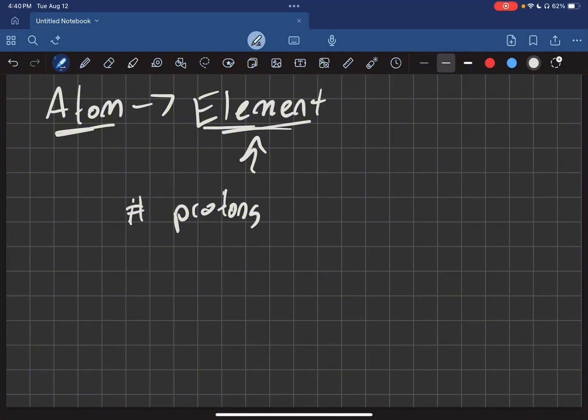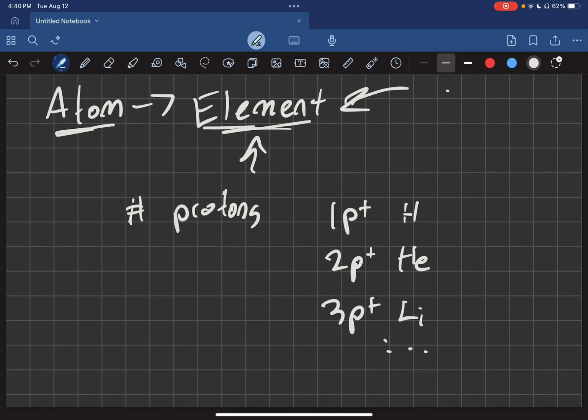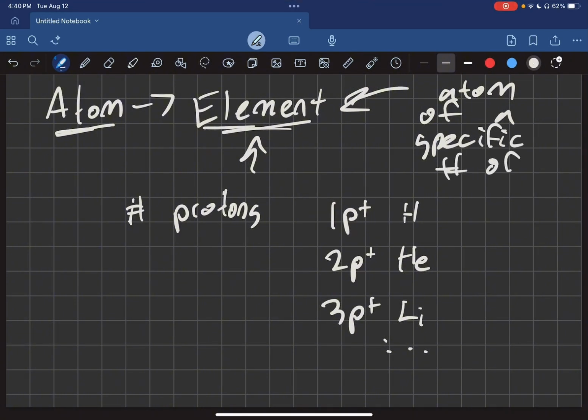If you have one proton, you are of the element hydrogen. Two protons, helium. Three protons, you're going to be lithium, and the list goes on. So all an element is, is an atom of a specific number of protons. That's all the element is referring to.